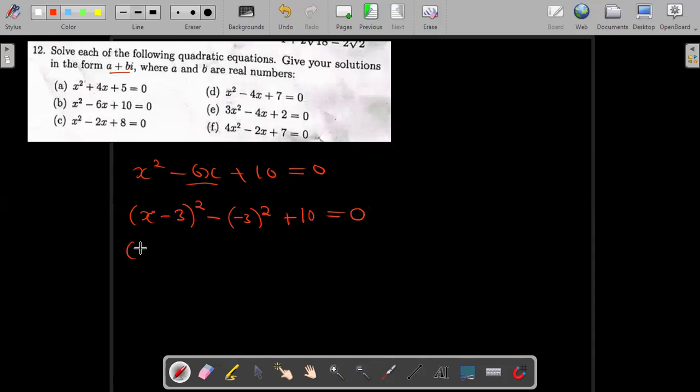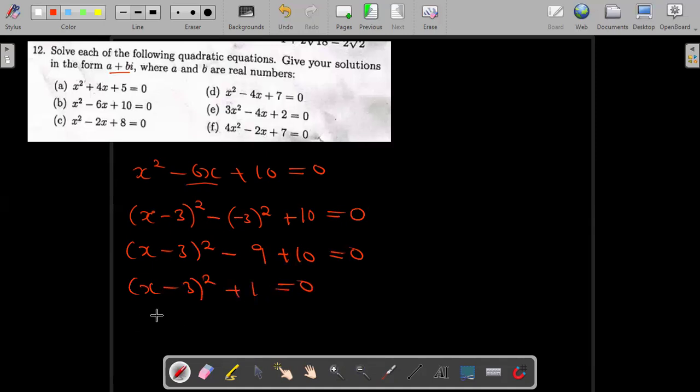And you see you're going to have x minus 3 squared minus, so when you square this here, you just get 9, plus 10, and this is going to be equal to 0. And you have x minus 3 squared. This here gives you +1, so it'll be +1 equal to 0.